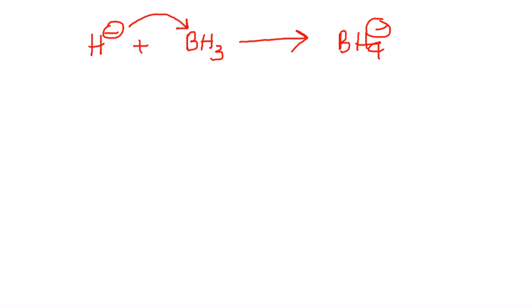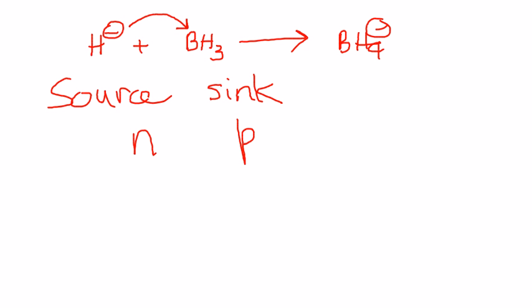So electrons again are shown in a mechanism, the movement of electrons is shown using arrows. It always is from source to sink, never from positive to negative, always negative to positive, N to P, always.